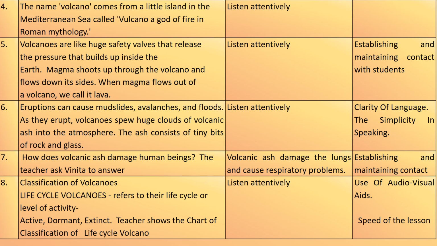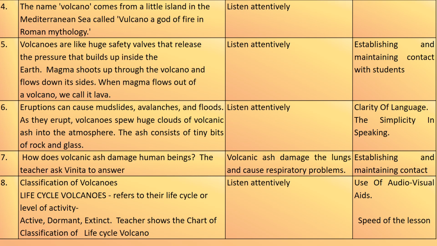The teacher will then tell the students that the name of volcano comes from a little island in the Mediterranean Sea called Volcano, a god of fire in Roman mythology. The students will listen attentively. The teacher will then tell the students volcanoes are like huge safety valves that release the pressure that builds up inside the earth.